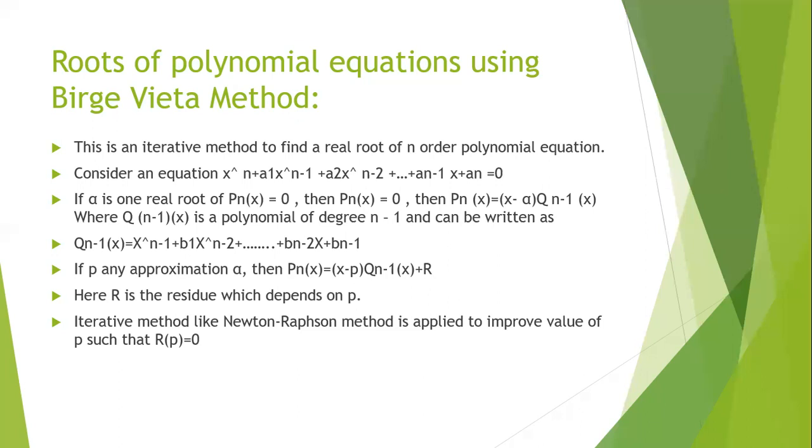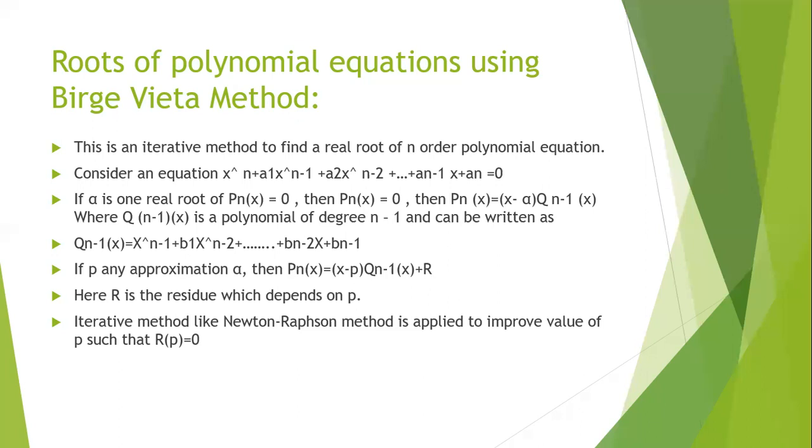If p is any approximation of alpha, then Pn(x) is equal to (x minus p) into Q(n minus 1)(x) plus r, where q is the quotient, p is a root, and r is the remainder. Then r is the residue, which depends on p.